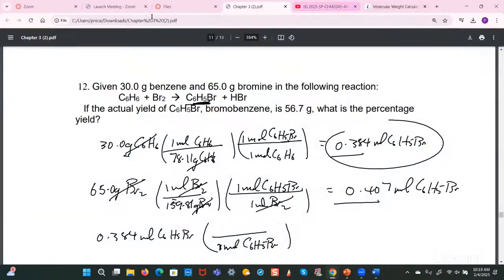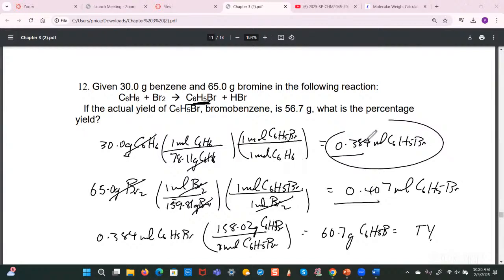So that goes on top here, 158.02 grams of C6H5Br. So let's see what I get. 0.384 times 158.02. According to my calculation, this works out to be 60.7 grams of C6H5Br. All right, so this would be the theoretical yield, right?